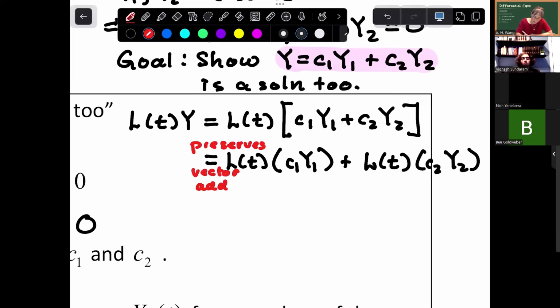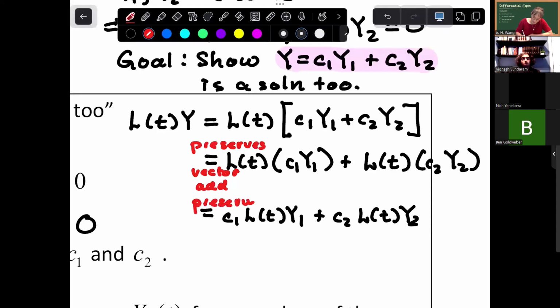And then the c can come out in front, and that preserves scalar multiplication. This is preserves scalar multiplication. And can somebody tell me what this is equal to?